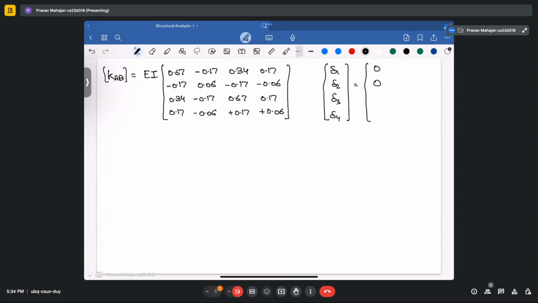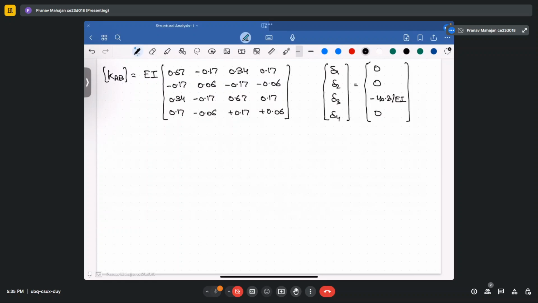So delta 3 would be equal to minus 40.3 upon EI, and delta 4 will become equal to 0, since hinge support is provided at that end, so only the rotation that is minus 40.3 will come into picture.